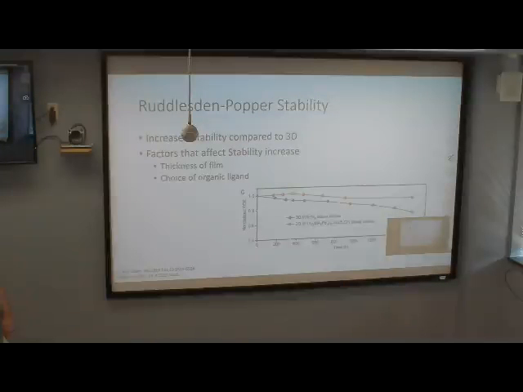This group found that there was a significant effect of the thickness of the film on the stability. And there was a moderate effect of the choice of organic ligand on the stability.